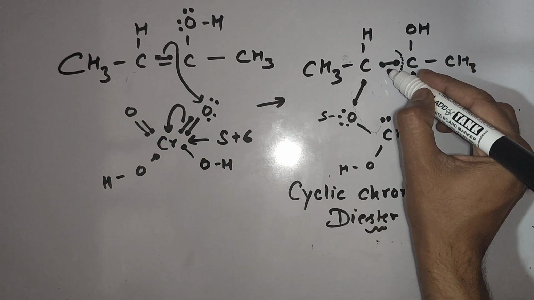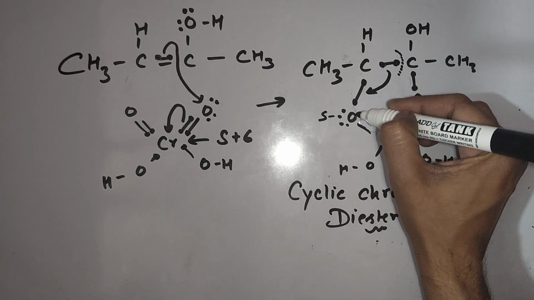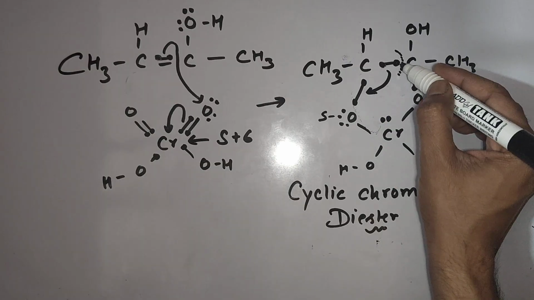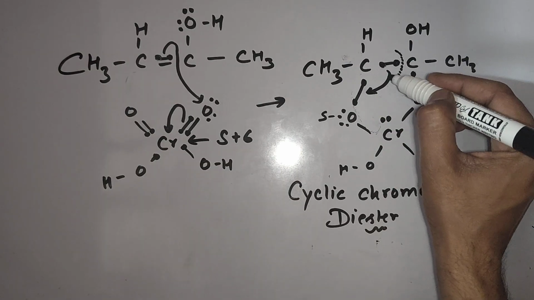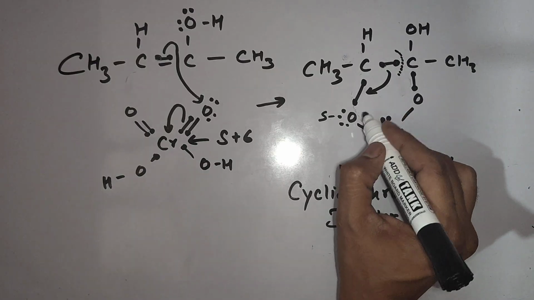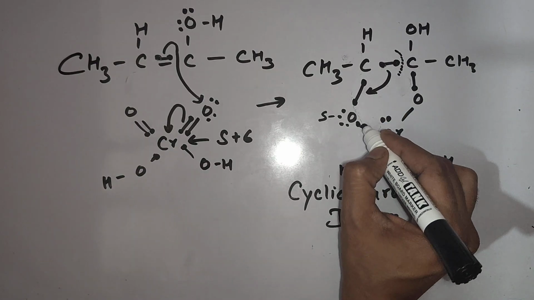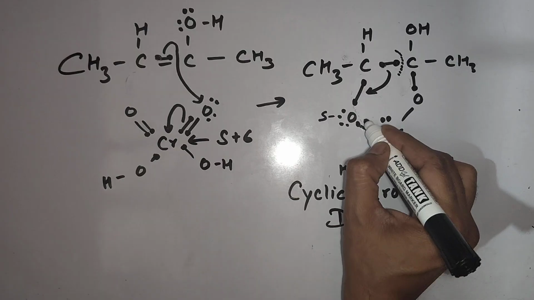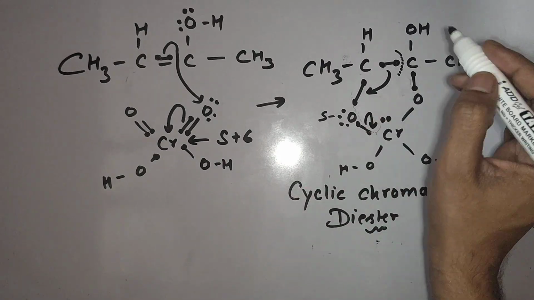Both electrons are shifted toward oxygen, because oxygen is more electronegative as compared to carbon. So when the bond breaks, both electrons will completely shift toward oxygen like this. Oxygen is stable by making two bonds. So this bond will break and these electrons will go toward chromium.